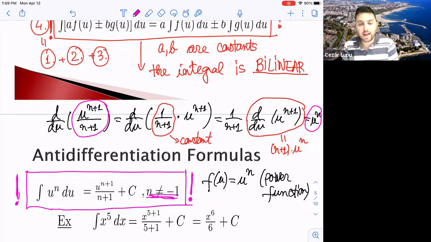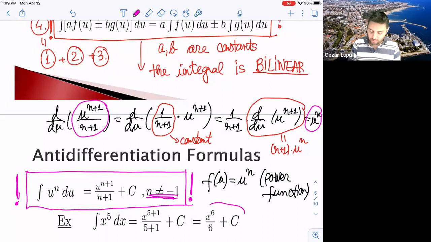In other words, you can say that the antiderivative of x to the 5th is x to the 6th over 6 plus c. Pay attention. You see, antiderivative and derivative are two different things. So the derivative of x to the 5th will be 5x to the 4th, but the antiderivative of x to the 5th will be x to the 6th over 6 plus c. They are two different things.